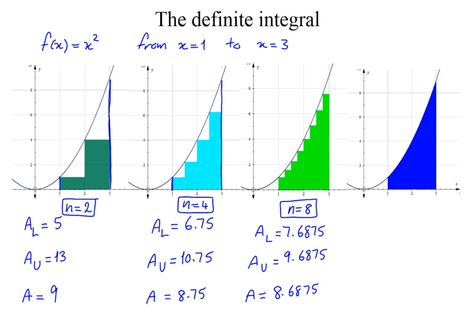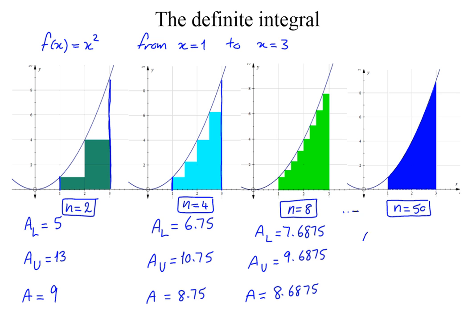What if we keep going with this process and we get to n equals 50 rectangles? So obviously here, as you can see in the diagram, the gaps between the rectangles and the curve are very, very small. They cannot be seen really. So therefore we're getting very, very close to the actual area under the curve.